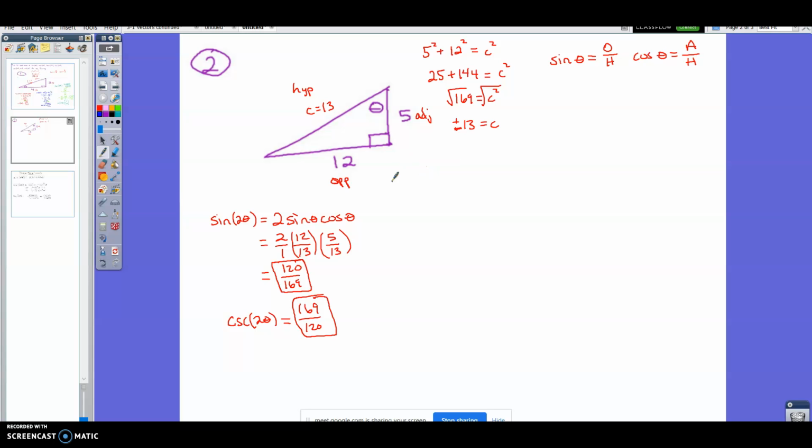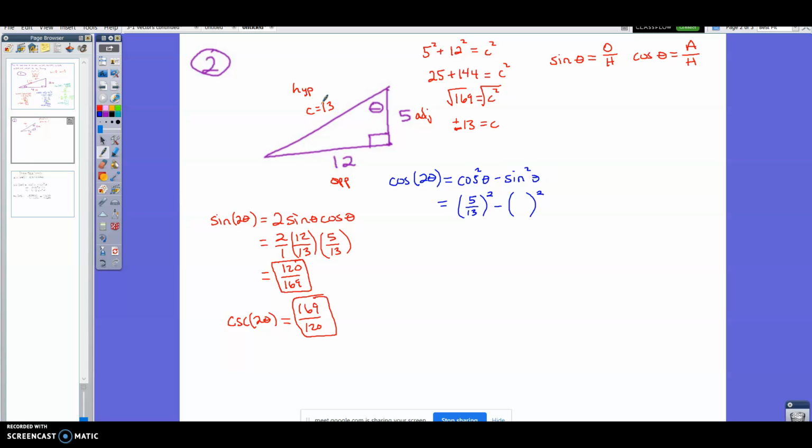So the next thing we need to find is cosine of 2 theta. I'm going to use the same formula as last time, cosine squared minus sine squared. And what we want to do is fill out cosine and sine from our triangle. Cosine is adjacent over hypotenuse.